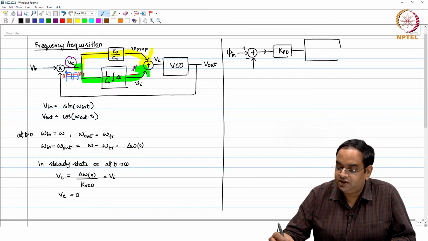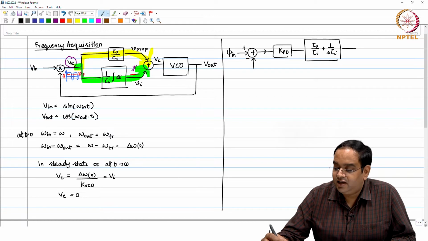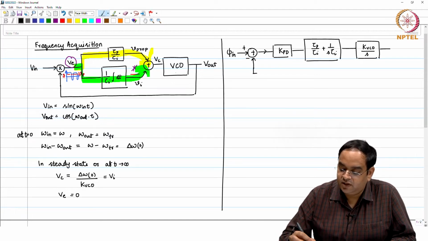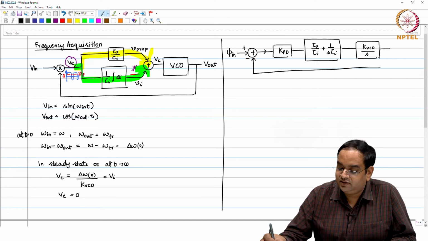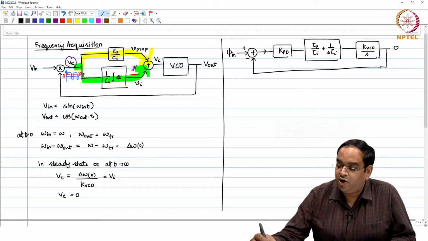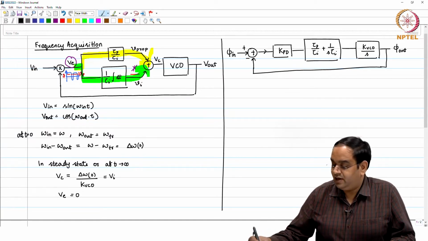This transfer function is tau p by tau I into 1 plus s times tau I, and it goes to VCO, which has a gain k VCO over s. Okay. So, this is the small signal model of the PLL.